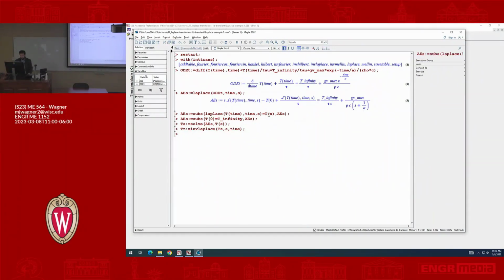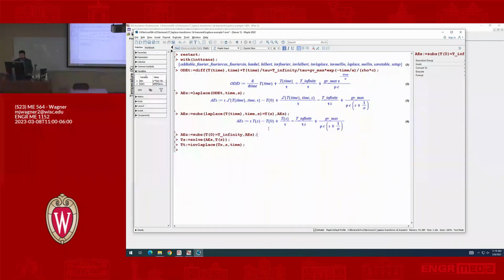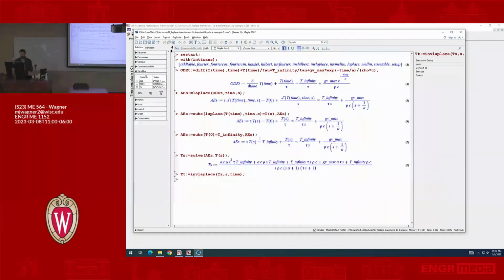Our solution looks like this. Now we need to get rid of our initial condition, so we do that by substituting T infinity for T at 0. And now this should be what we need to solve algebraically, which we do here. And the algebraic solution is equivalent to what we did by hand.